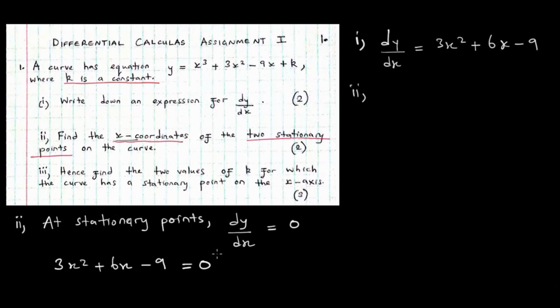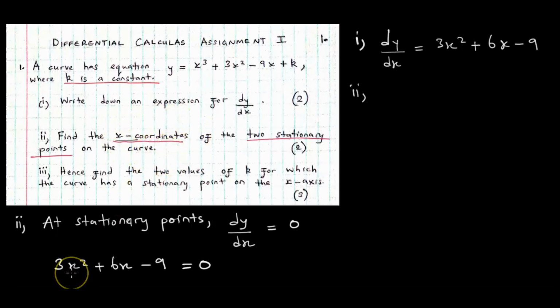So in essence, at stationary points dy dx is equal to 0, but we replace dy dx on the left hand side with the value of dy dx, 3x squared plus 6x minus 9 is equal to 0. That is how we find the x coordinates.